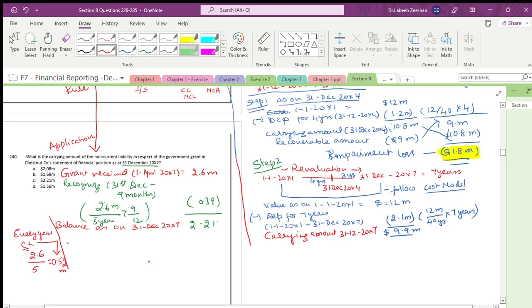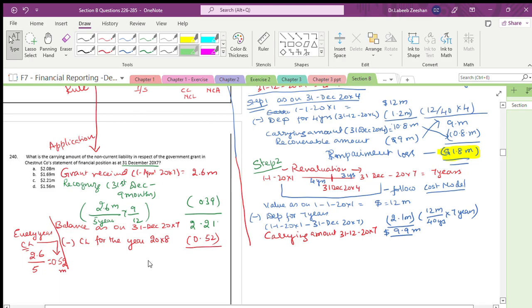Now less the current liability for the year 2008. How much does it come to? It comes to 0.52.